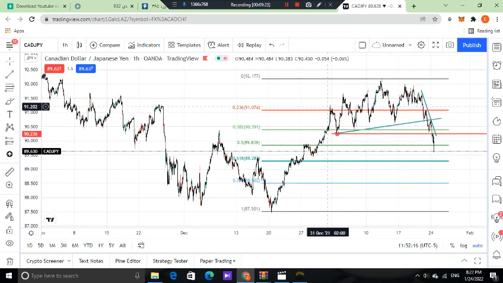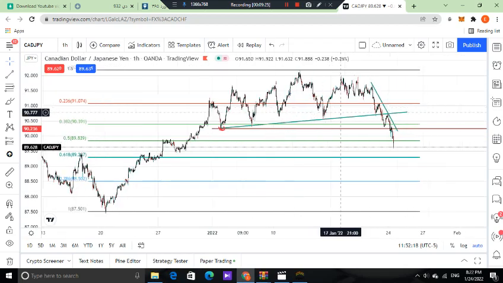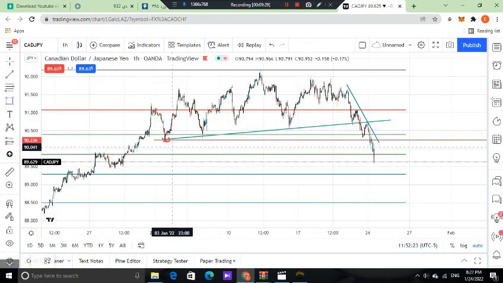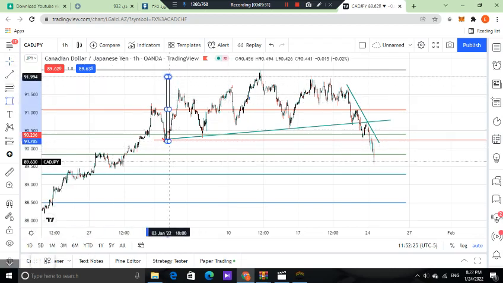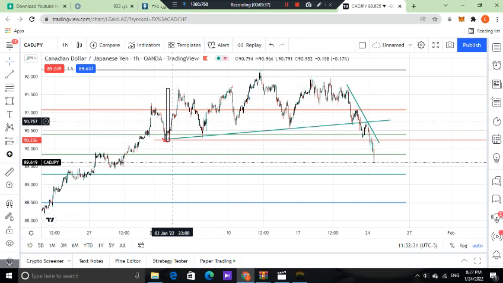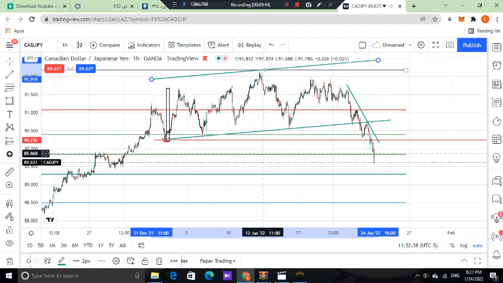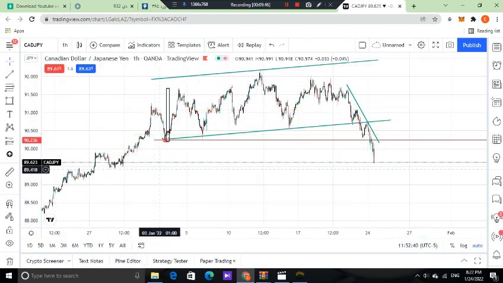Let me see if there's anything more. You can also figure out your target by measuring the height of this channel. I told you it's kind of a channel. Let me get rid of this Fibonacci.